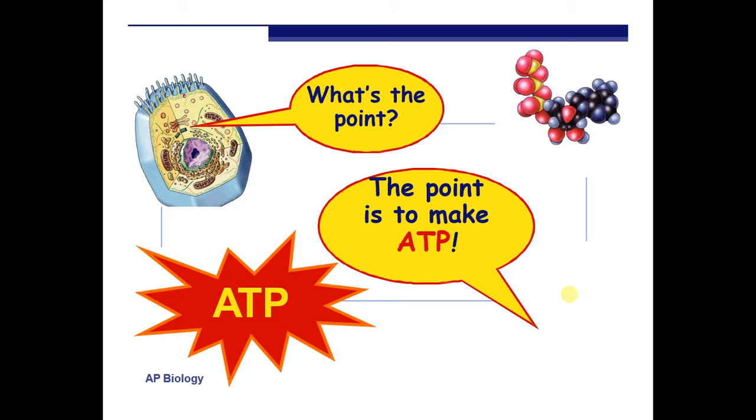That's the energy currency of the cell, that's chemical energy, and we need to add phosphates onto AMP and ADP by harnessing that energy from other chemical reactions, exergonic, catabolic reactions that give off energy, and put it into the ATP molecule.